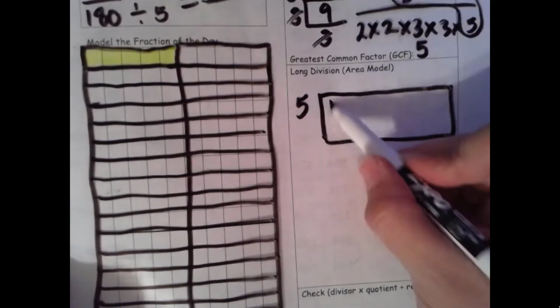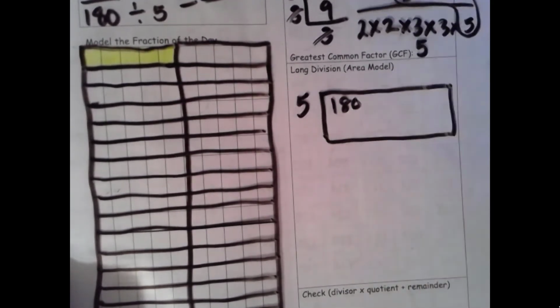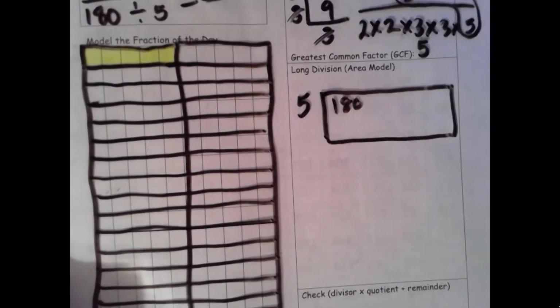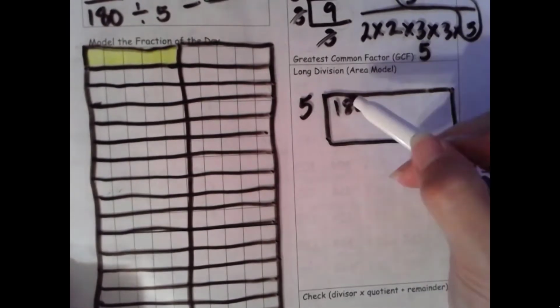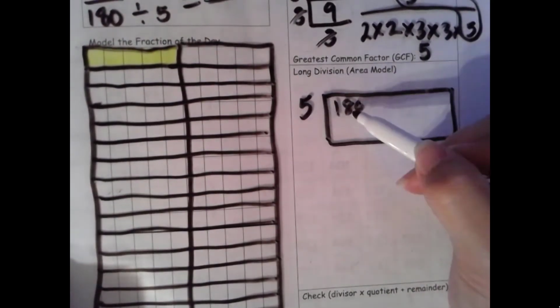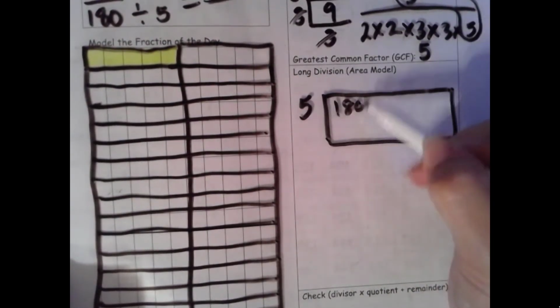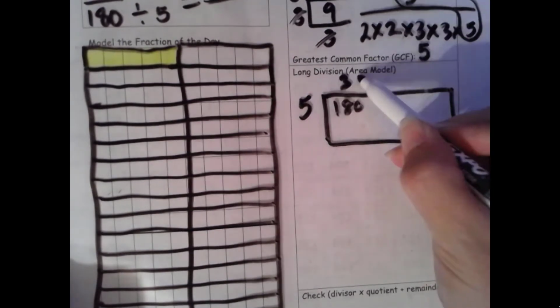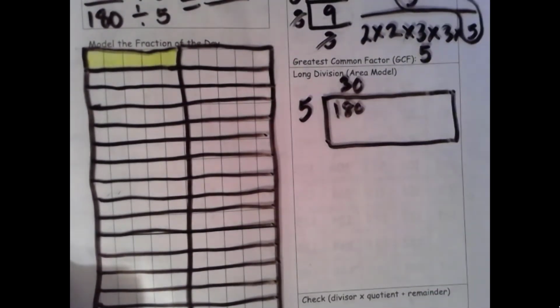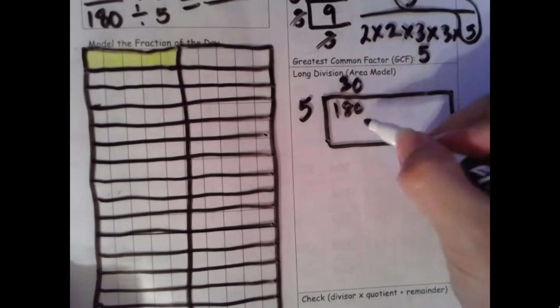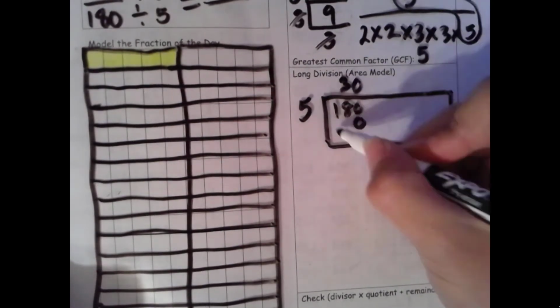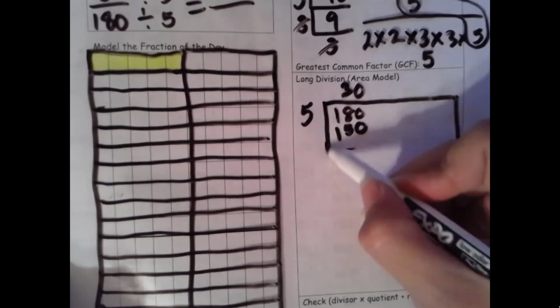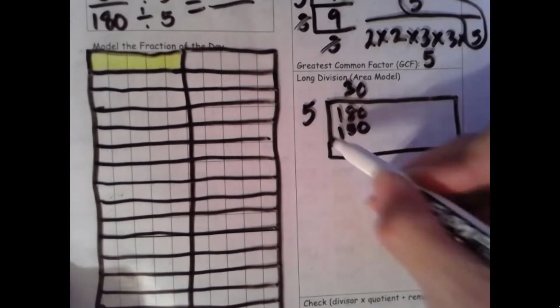So we have 180. Okay, so a close number to 18 would be 15, but I need that placeholder, so I'm going to try 30. 30 times 5, the placeholder moves it over. 3 times 5 is 15. Okay, and then I subtract.